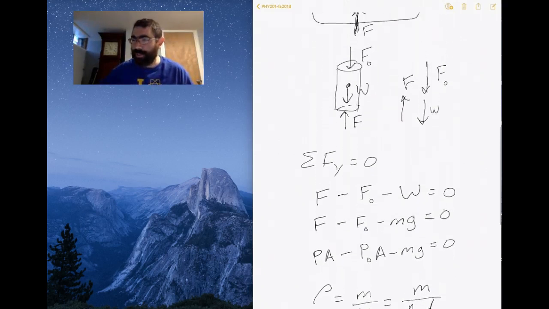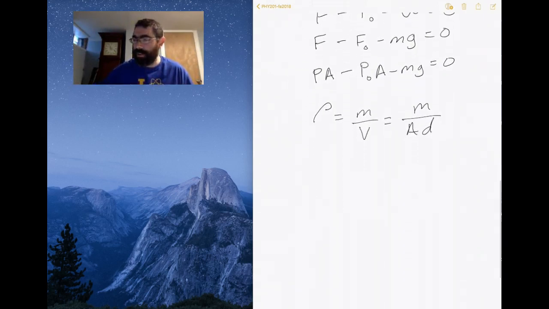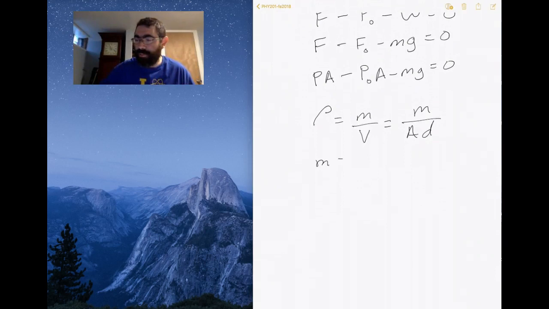So if we go back and look at our cylinder here, our cylinder has a height d and an area A. So the total volume is the area times the height, d. Okay, so then we can rewrite the mass as the density times the area times the height of it.